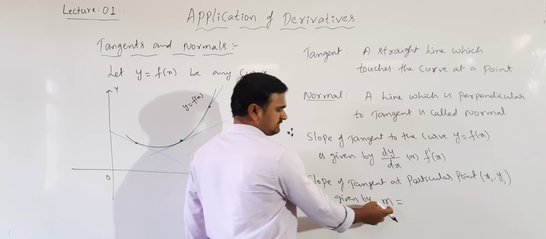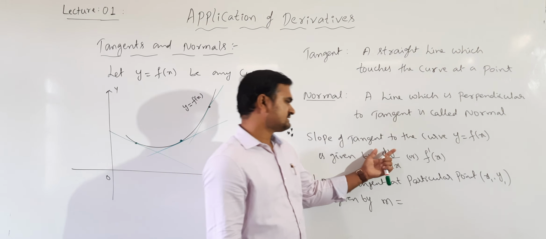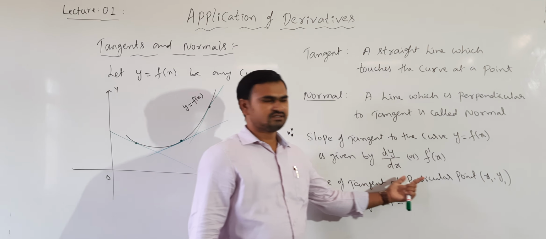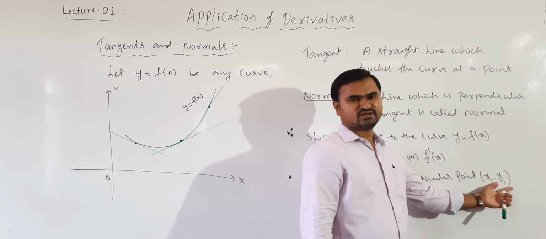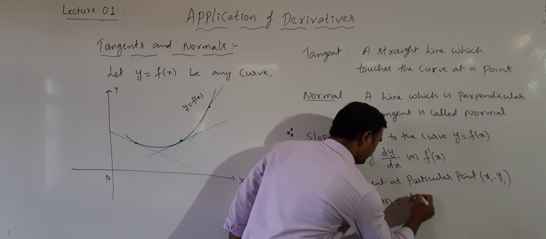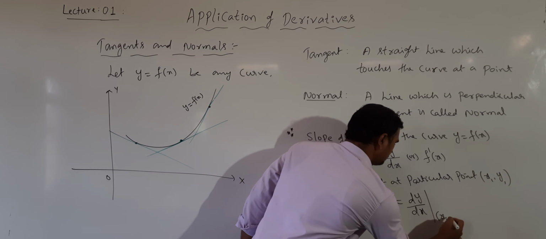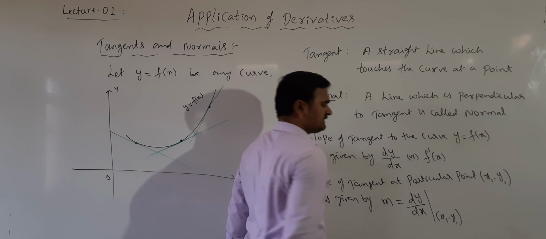Here what we do is, after finding the derivative of the curve, that is dy by dx, we have to substitute this point (x1, y1) in that derivative. Substitution of a point in the derivative is denoted like this: dy by dx at the point (x1, y1).